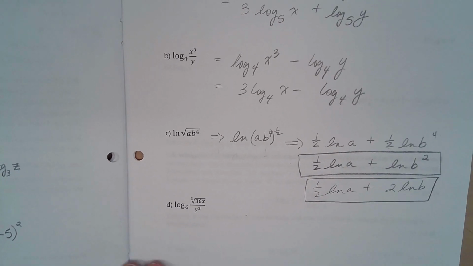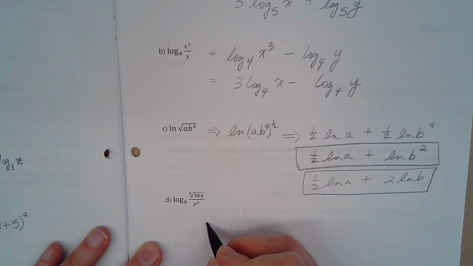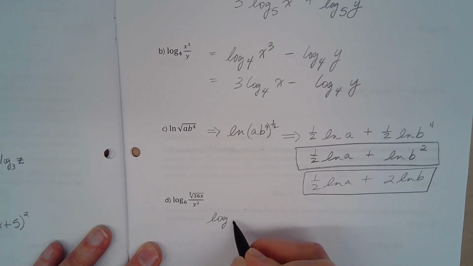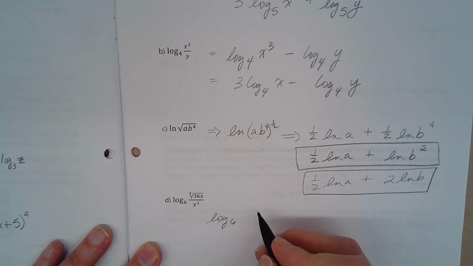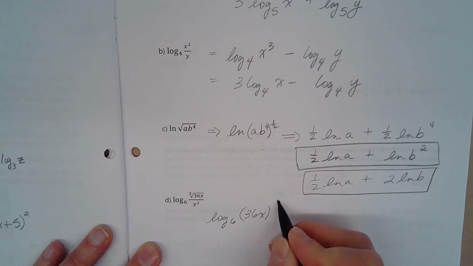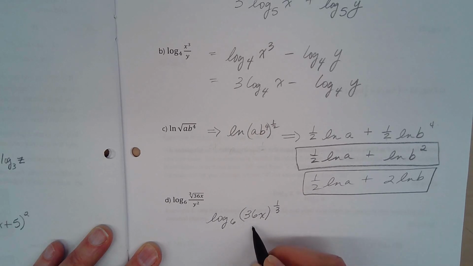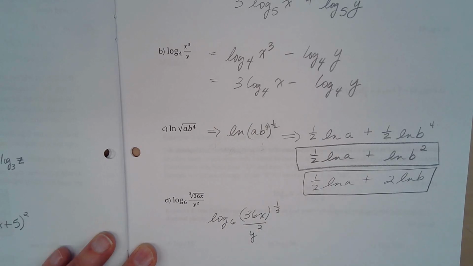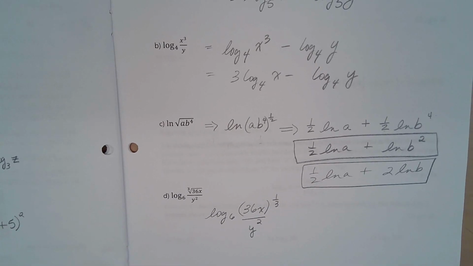Good. Okay, what about this guy? It's a cube root. So it's going to be log base 6 initially, of 36x to the power of a third, right? Cube root is power 1/3, all over y squared. Okay, so now what do we have?